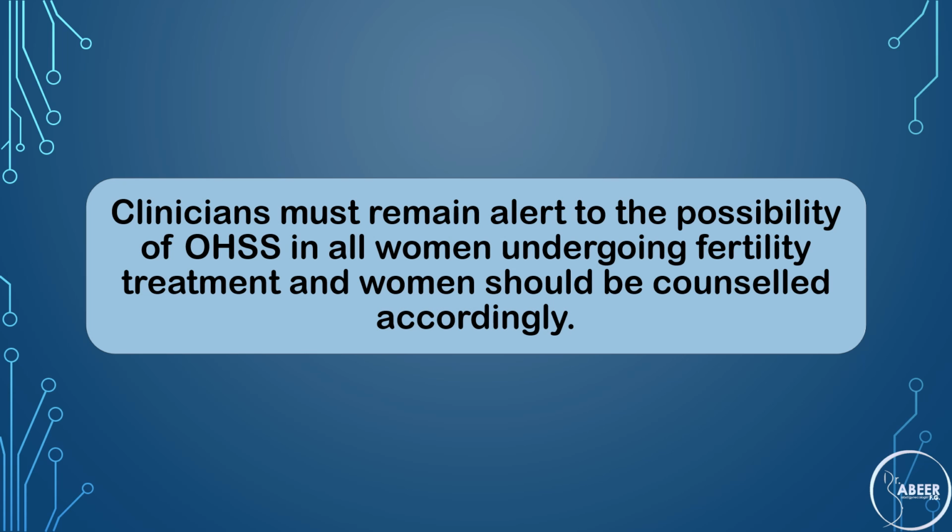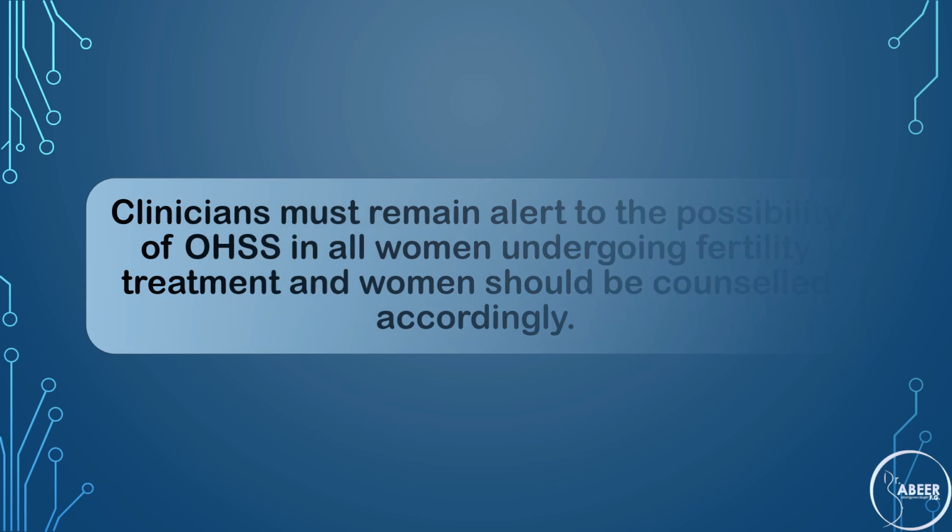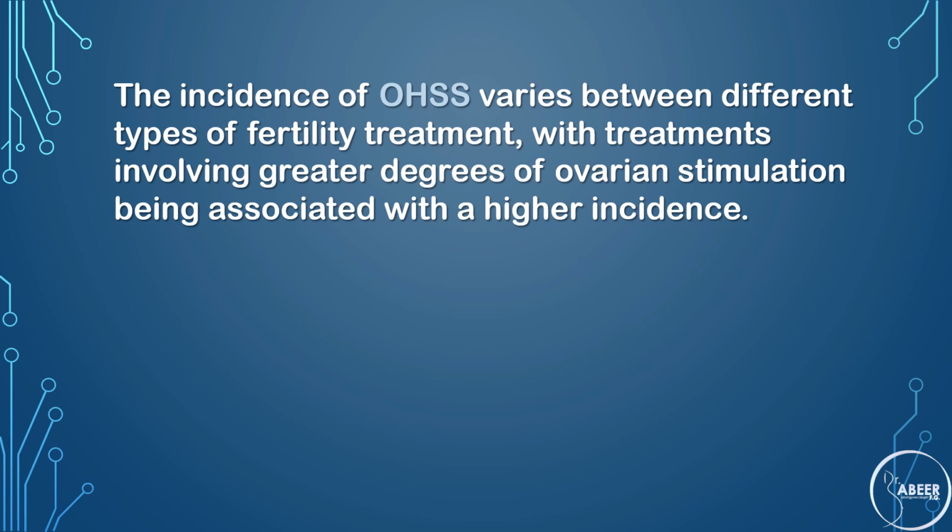Clinicians must remain alert to the possibility of ovarian hyperstimulation syndrome in all women undergoing fertility treatment, and women should be counseled accordingly. The incidence of ovarian hyperstimulation syndrome varies between different types of fertility treatment, with treatments involving greater degrees of ovarian stimulation being associated with higher incidence.